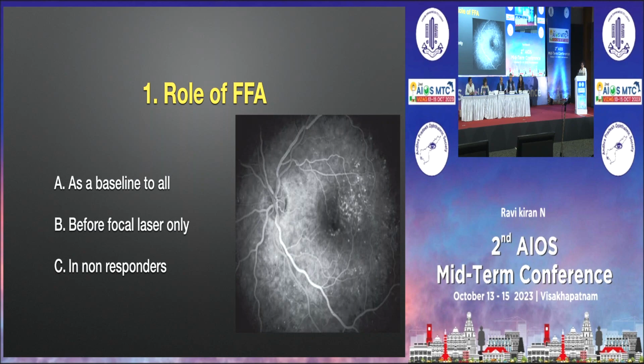No, I will do FA when the patient is coming for the first time, in all of them, as a baseline. There is a reason for that, because so many times we have picked up non-perfusion areas or CNP areas or neovascularization elsewhere. If the OCT is raised, maybe I will not, but if the OCT is not, then 100% FA.